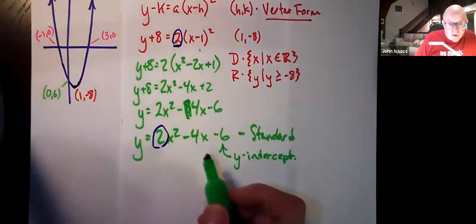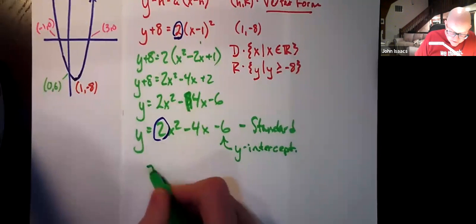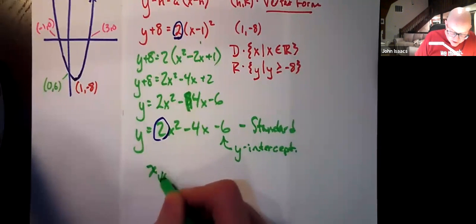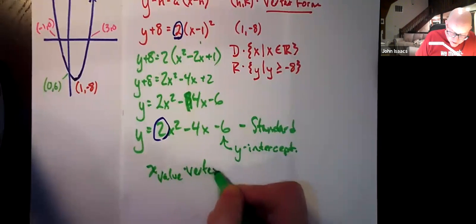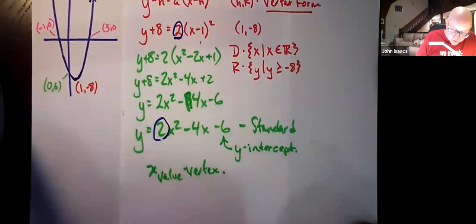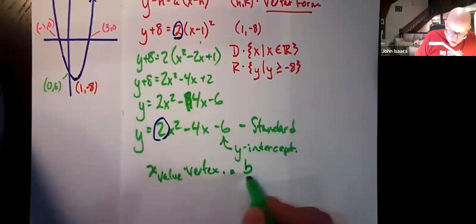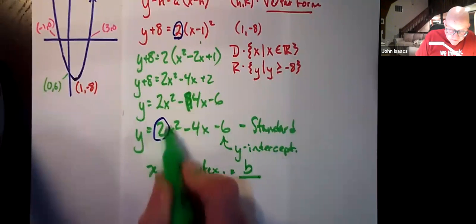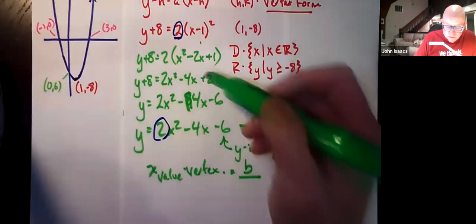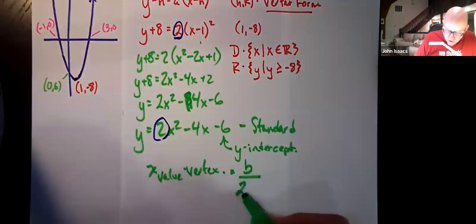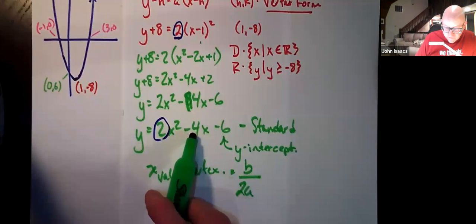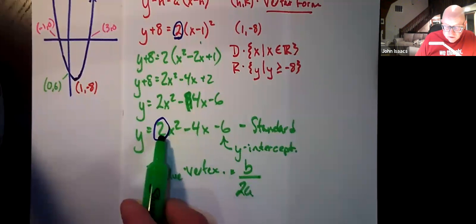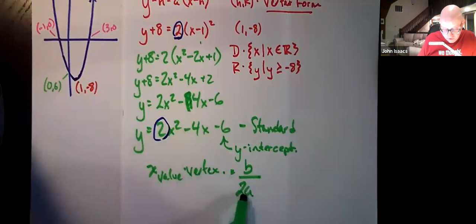So from standard form, the x value of the vertex is equal to this value, which we always call b, divided by this value, which we call a, and we have to divide it by 2. So 2a. Now, if we take -4 and divide it by 2 times 2, we divide it by 4, we get -1.